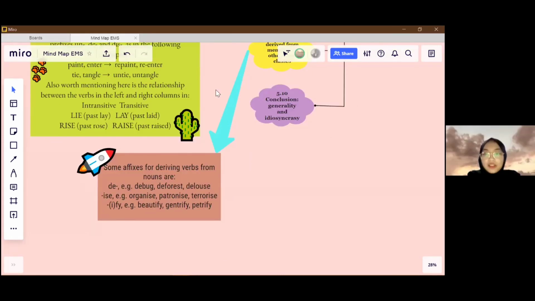The last one is conclusion, generality, and idiosyncrasy. Because of the versatility of derivation in English, one might have expected that many of the processes involved would have been sufficiently predictable in both their application and their meaning, so that the lexemes thus derived would not count as lexical items.